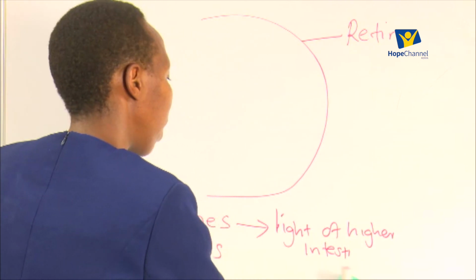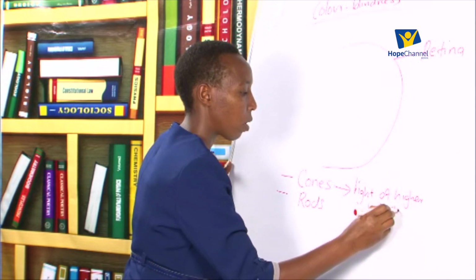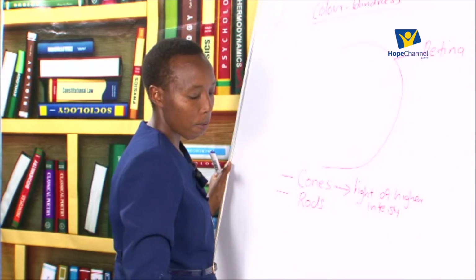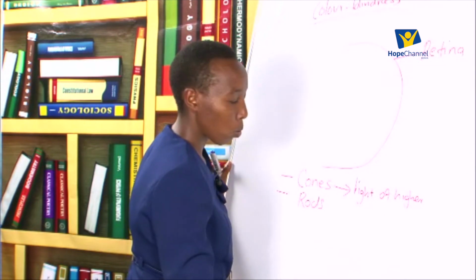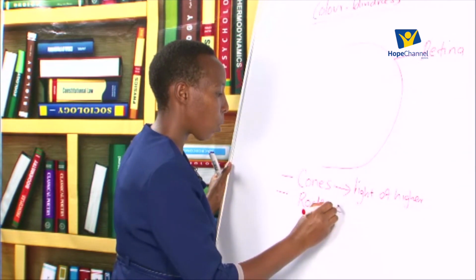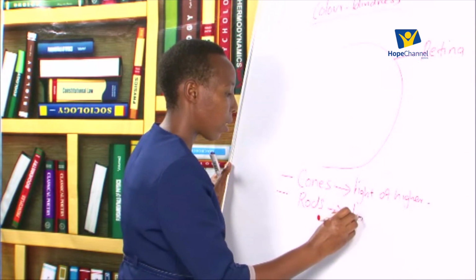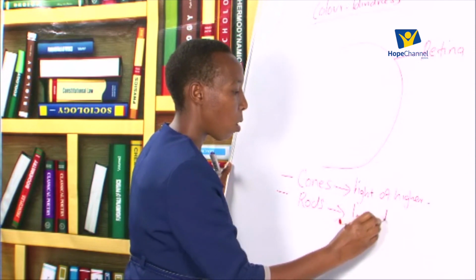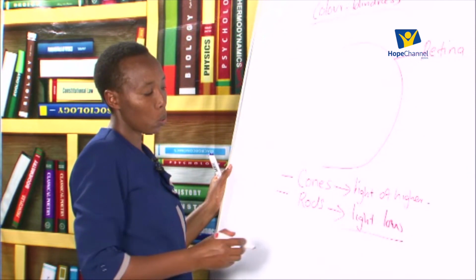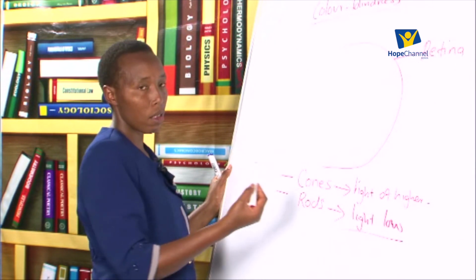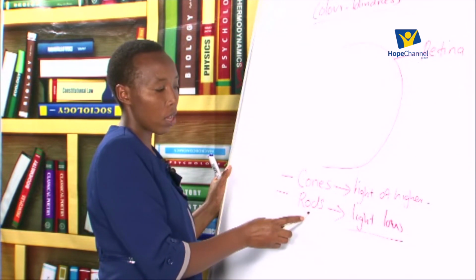And then we have the rods that are sensitive to light of low intensity. So where light is high, we use the cones, and where we have light of low intensity, we use the rods.